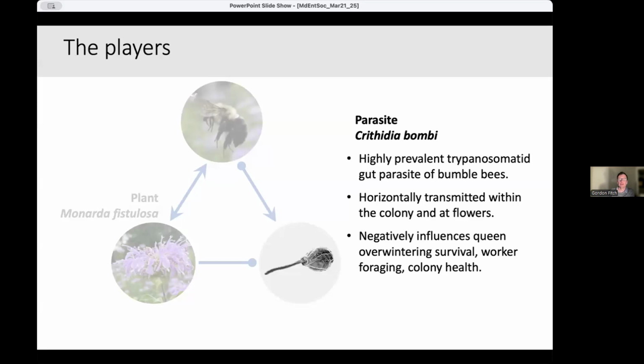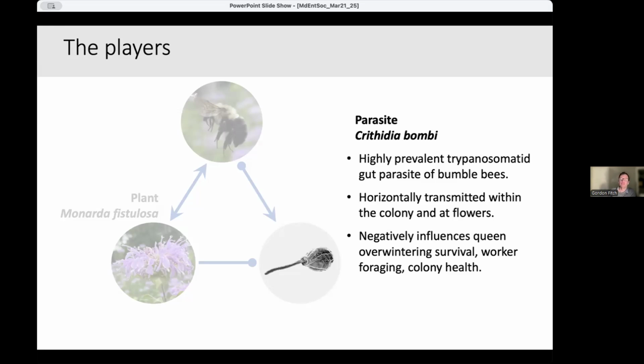In the northeastern US, probably over half of Bombus impatiens are infected with it at the height of their foraging season, and that can range up to 80–90% of bees in a population. With that high prevalence, you can imagine it is not usually lethal. If it were, we would not have so many Bombus impatiens flying around.